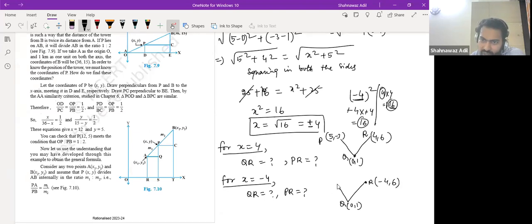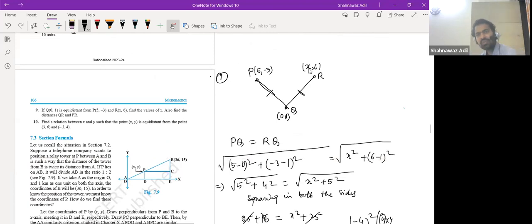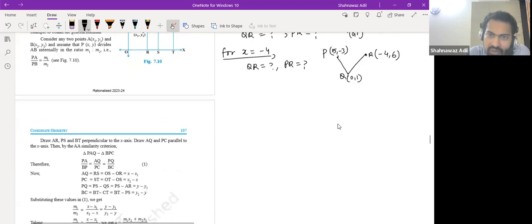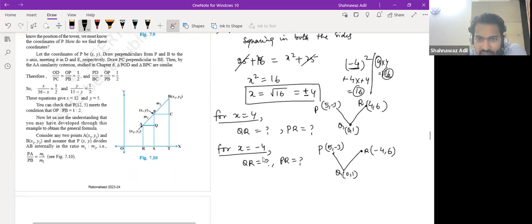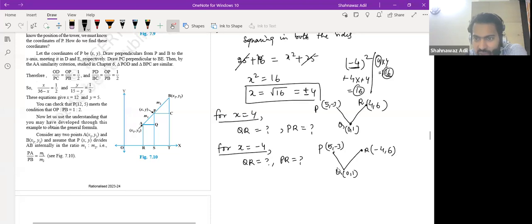Because for x this is R. What is R? R is x comma 6, and we have got two values of x. So for x equals to 4 we will have one QR and PR, and for x equals to minus 4 we'll have different QR and PR. Is this point clear?